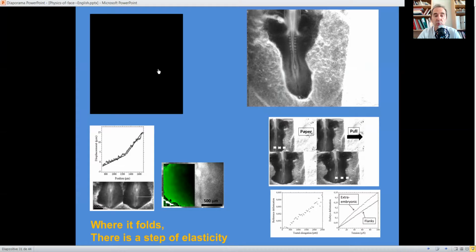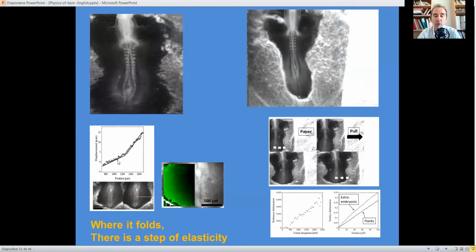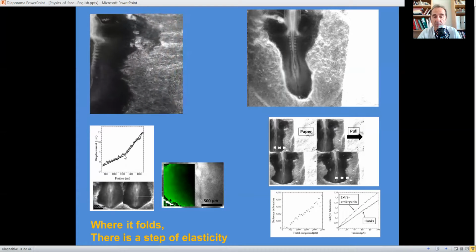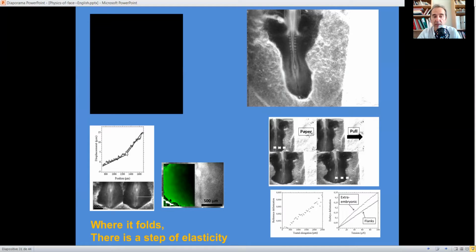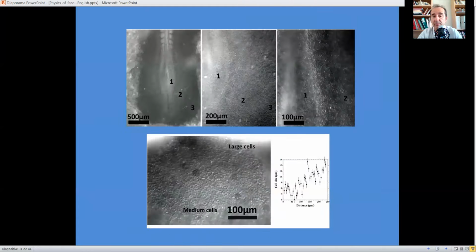And you see that when you pull on the embryo, it doesn't deform a lot in the central part, and it deforms much more in the lateral part. This is also a color coding of the deformation of the embryo, and you see it deforms more by the edge than centrally. So this means that the central part and the rings have different elasticity.